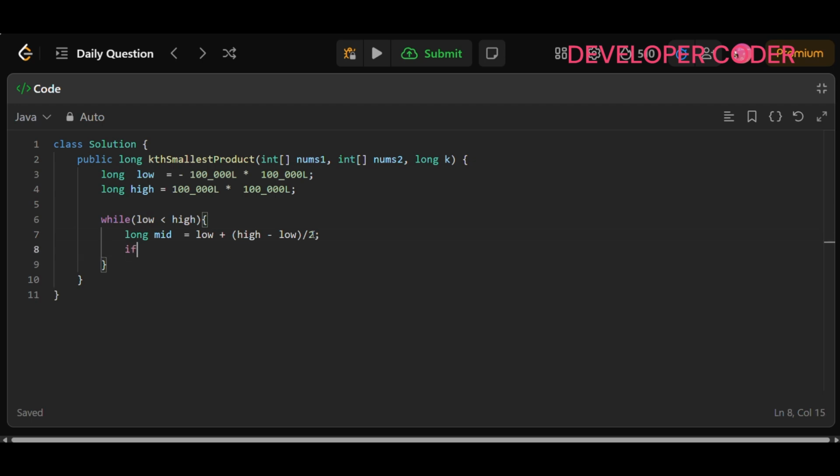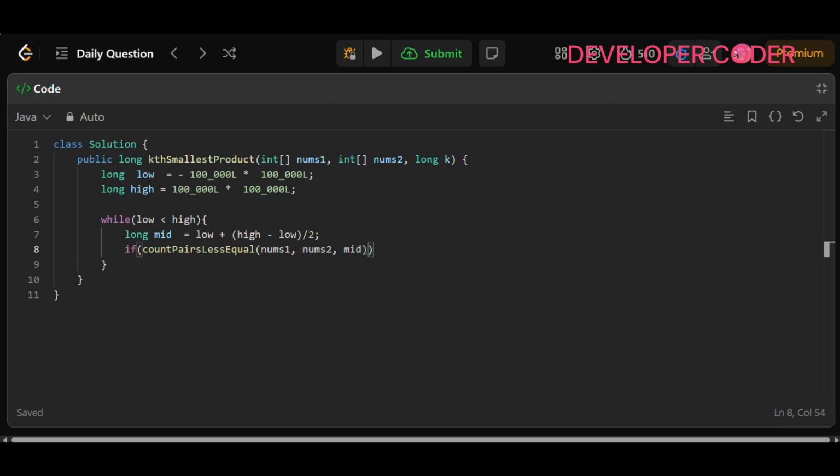Then you have to check if count pairs, a method that I'm going to write, is less than equal; here you pass your nums1 array, your nums2 array, and the range. This mid is nothing but the target, so how many pairs are less than or equal to this mid?